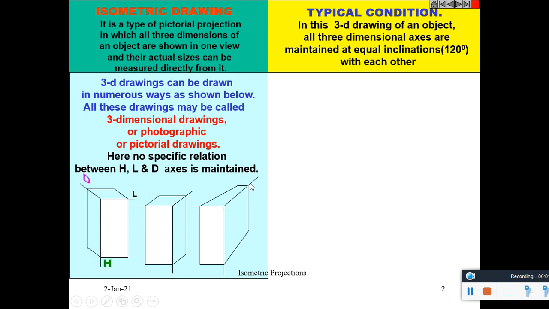This is a converging type drawing, where it can be seen that these lines are converging to a point at infinity. So here no specific relation between L, D and H is maintained.